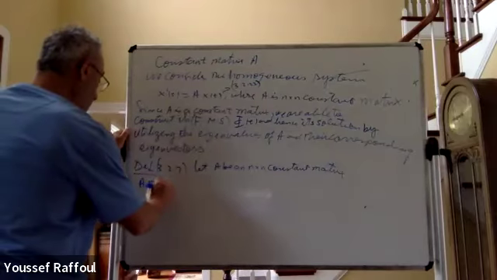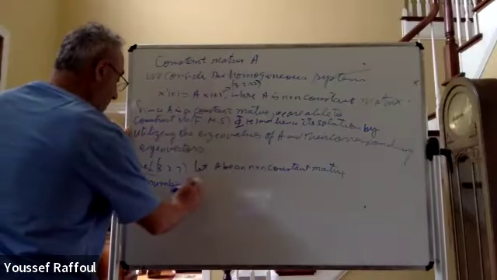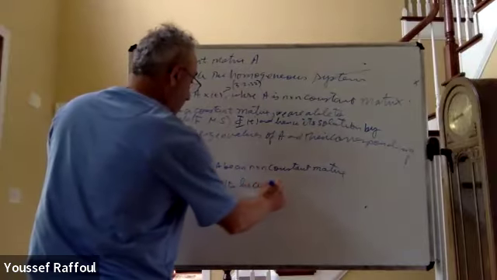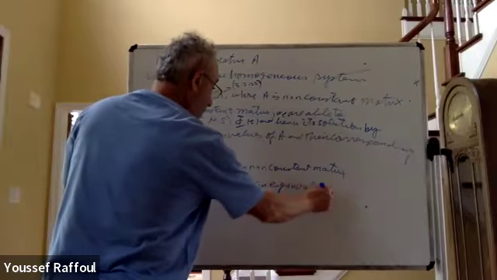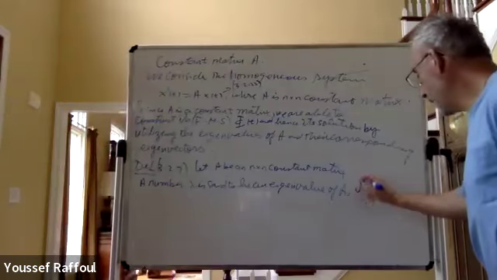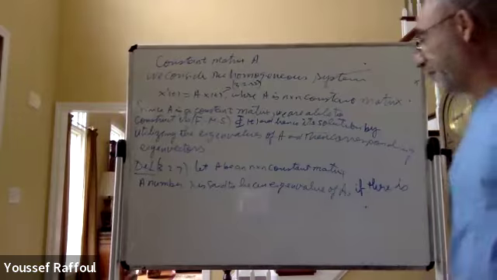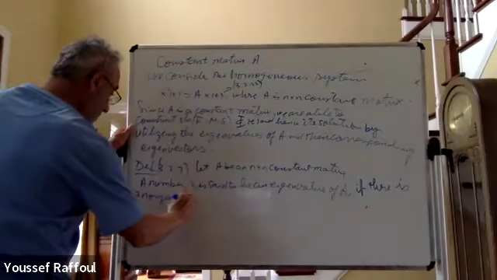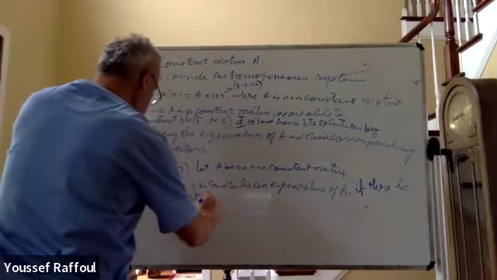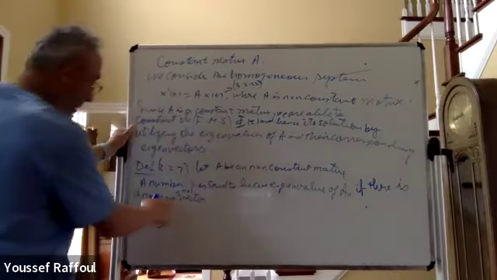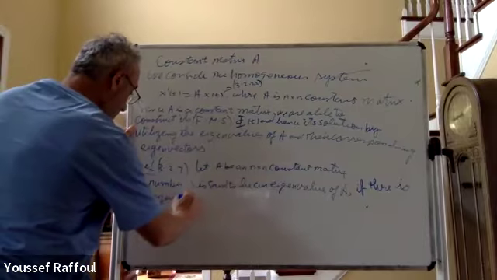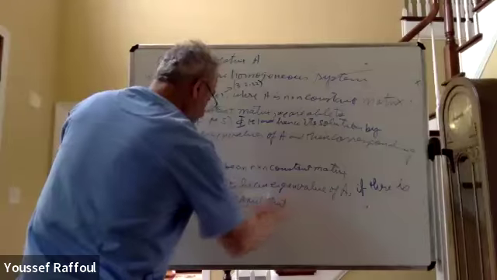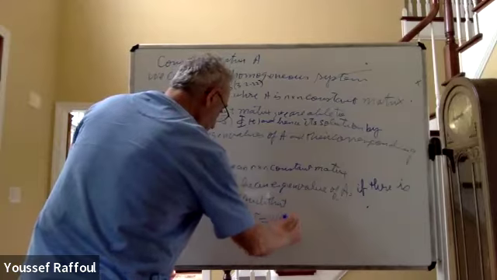A number lambda is said to be an eigenvalue of A if there is a non-zero n by 1 vector v such that A v equals lambda v.